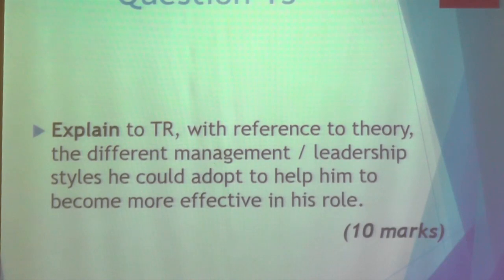I would recommend a leadership style like democratic or transactional or something like consulting or selling, because it would benefit the company like this. So you will always have to use TR, because your answer should center upon TR. You are advising TR, giving some tips to TR, helping TR to be effective in his role. So that essence needs to be in your answer. You are writing the answer as if you are helping TR.